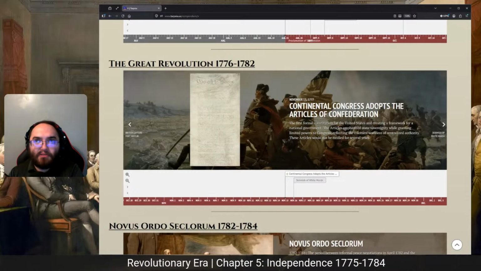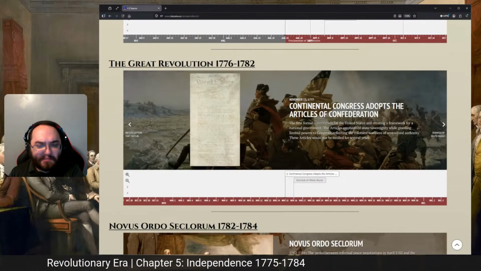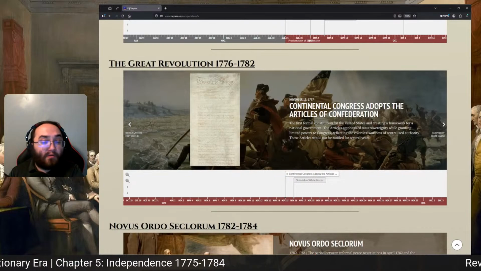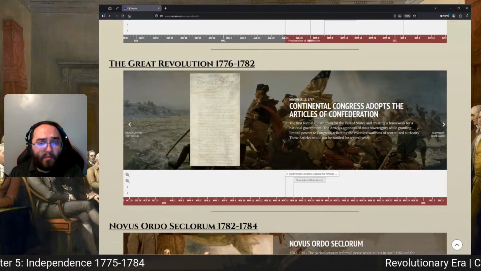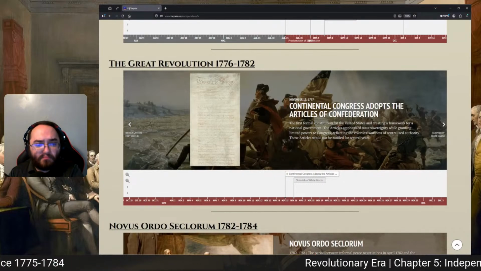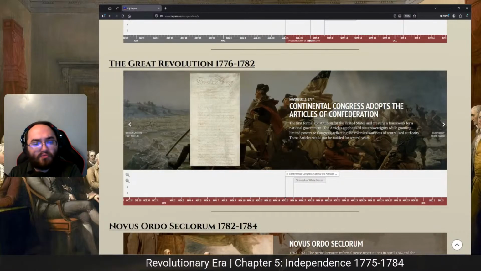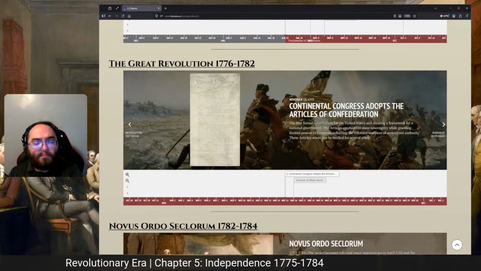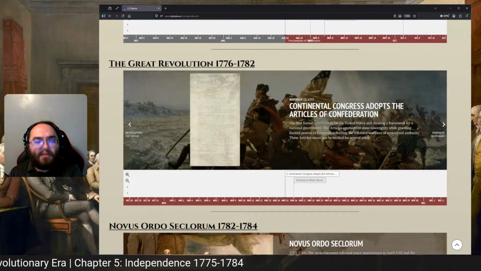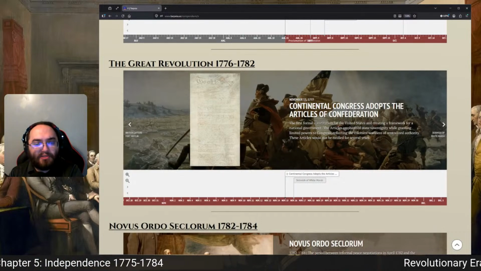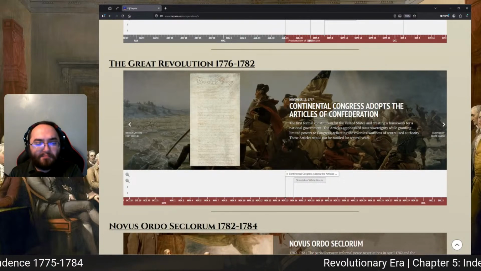It was drafted by John Dickinson, and one of the reasons why John Dickinson was not in favor of immediate independence is that he wanted to postpone it at least a little bit, until after he was able to create this Articles of Confederation.